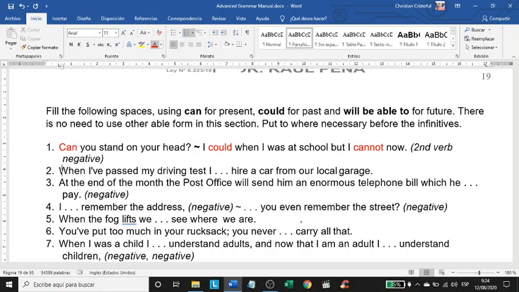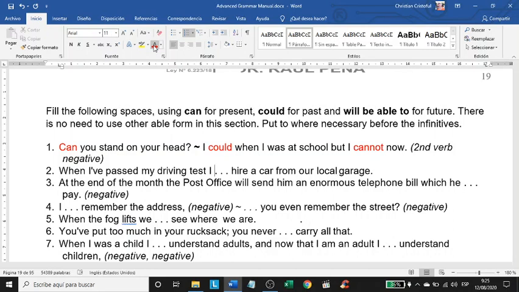When does this happen? When I have passed my driving test. When I have passed. Is this present? No, it's not present. Is it past? No, it's future. He has not passed his driving test yet. He says, when I have passed my driving test, I hire a car from our local garage.